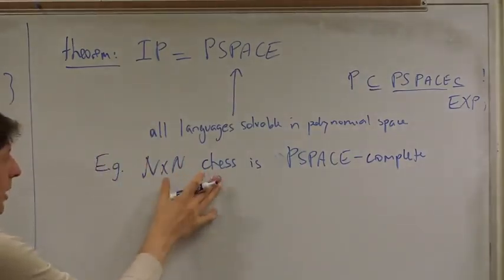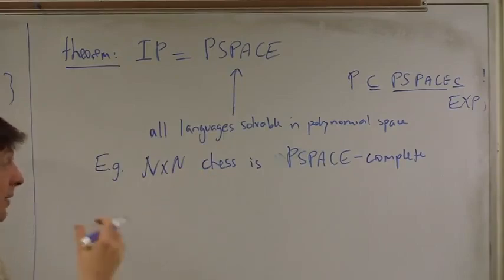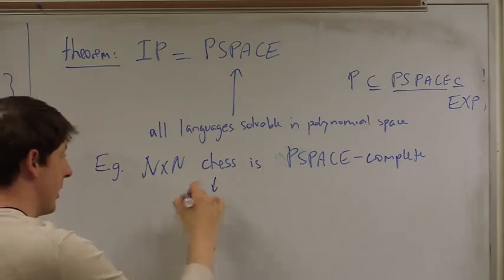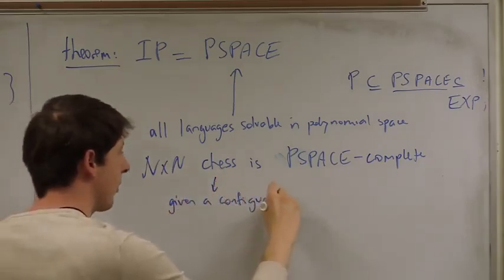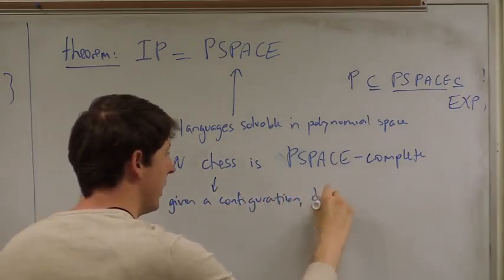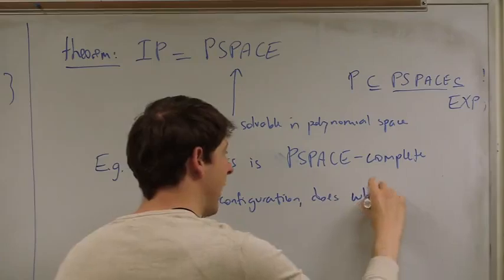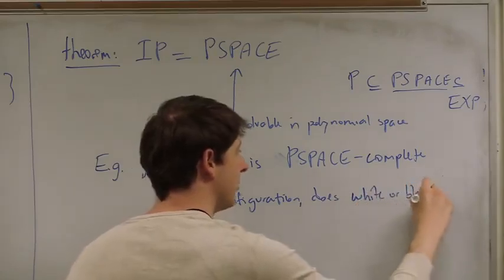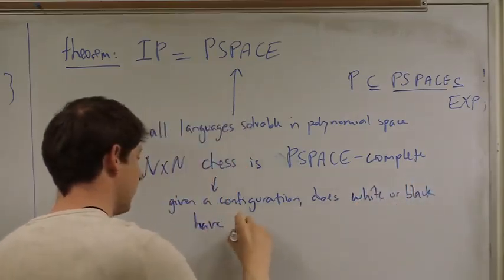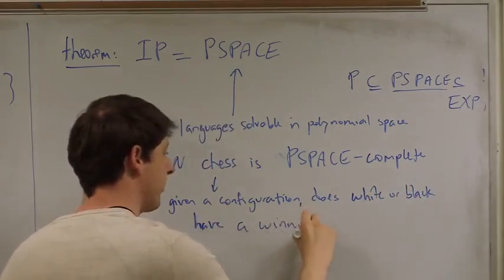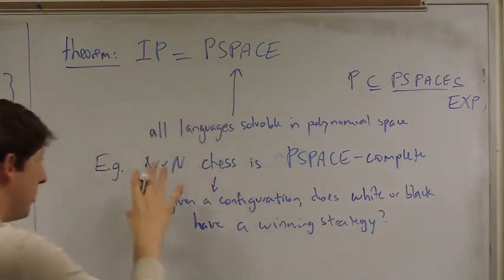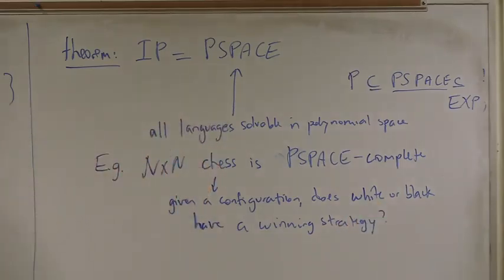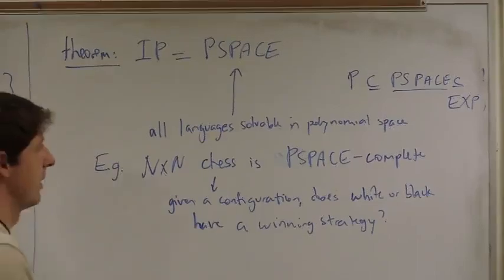If you take chess and you consider the problem, given a configuration, does white or black have a winning strategy? So this problem, suitably generalized to arbitrarily large boards, is P space complete.